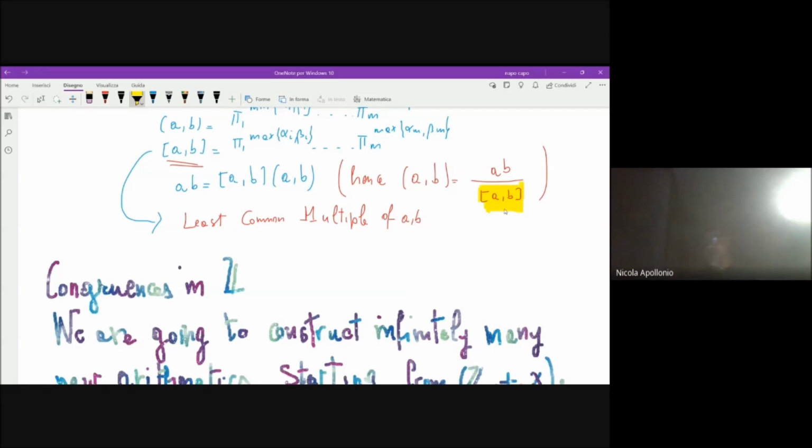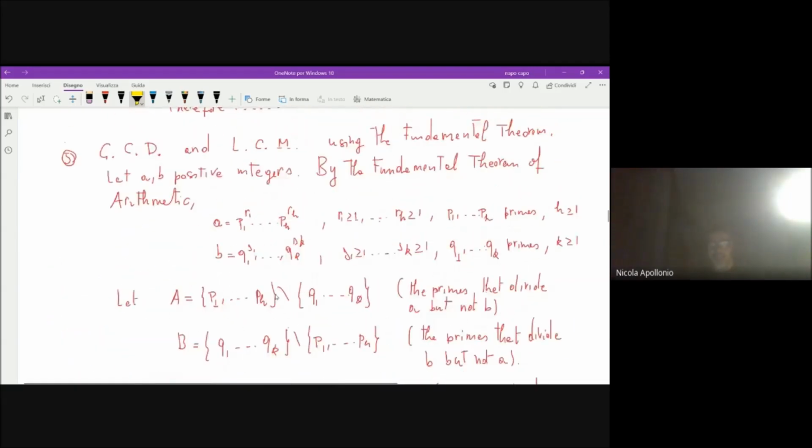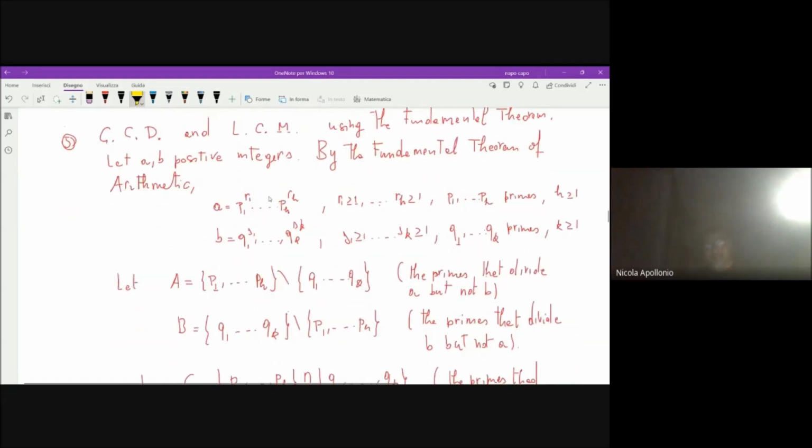So it is exactly as difficult as finding the greatest common divisor, knowing the unique factorization theorem, which implies that you first of all have to recognize whether or not A is prime, which is a primality test. And then you have to produce the factorization, and you can do that by the sieve of Eratosthenes, but it is very expensive from a computational point of view.